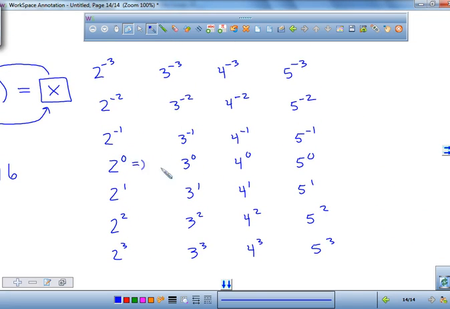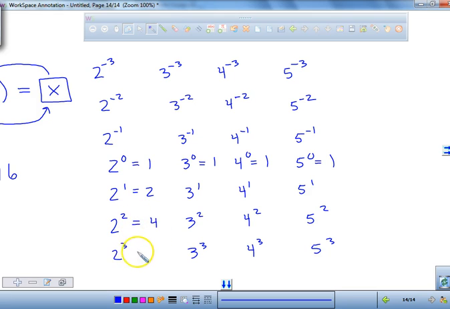Everybody, we're going to start right here and understand that any number to the power of 0 is 1. 2 to the first is 2. 2 squared is 4. 2 cubed is 8.